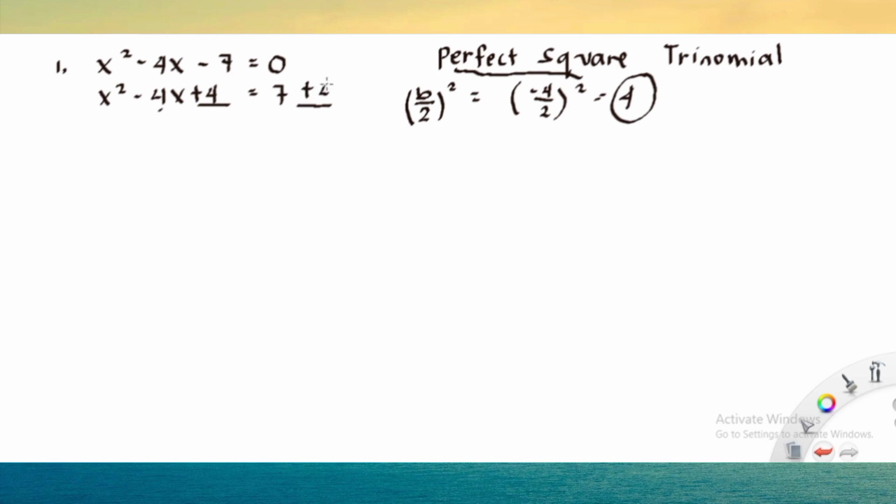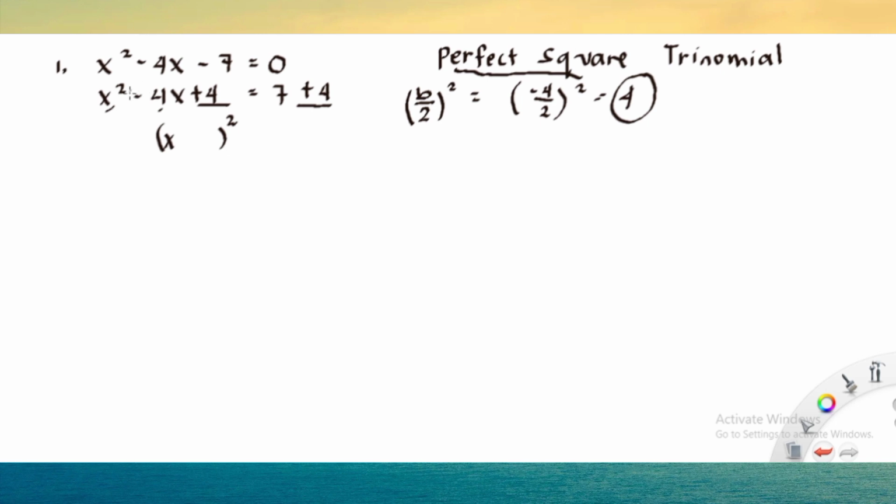Ganun din dito sa kabilang side ng equal sign because this is equality. Now, this is a perfect square trinomial na. So, what we're going to do is we're gonna have 2 parentheses and then get the square. So, ganito rin yung ginawa natin sa number 3 ng naunang video. And then what we're going to do is get the square root of the first term, square root ng x squared, that is x.